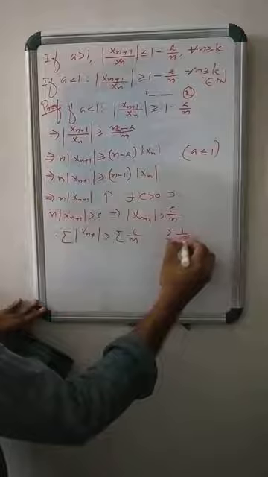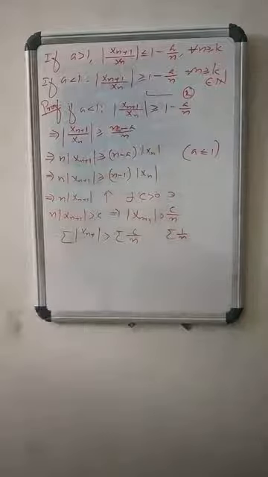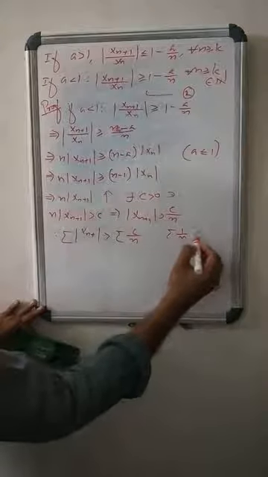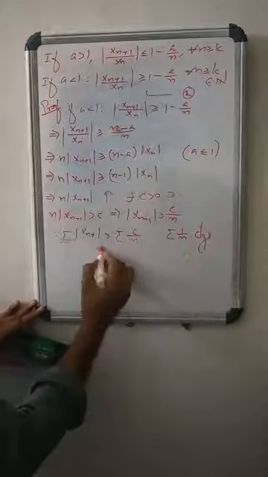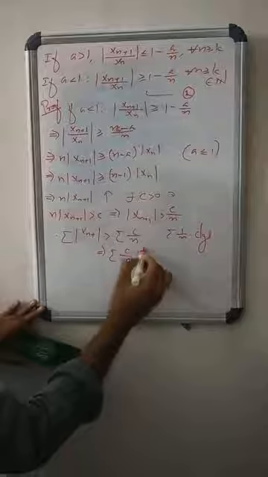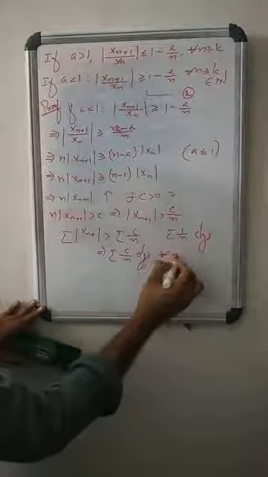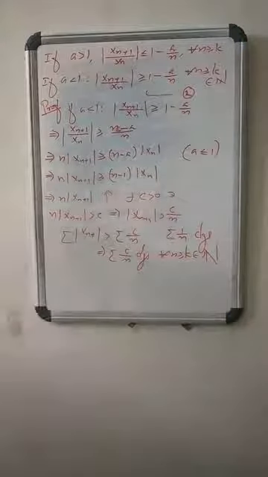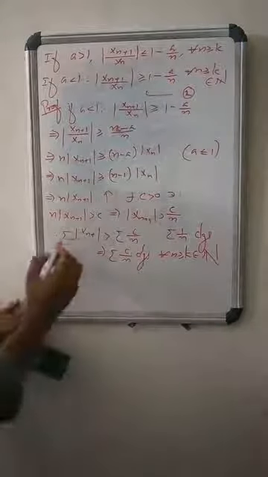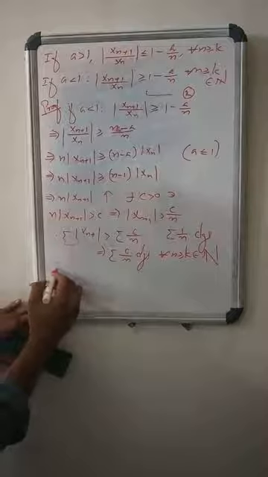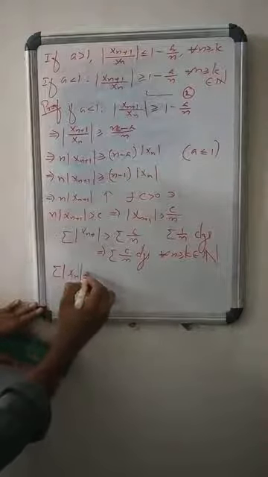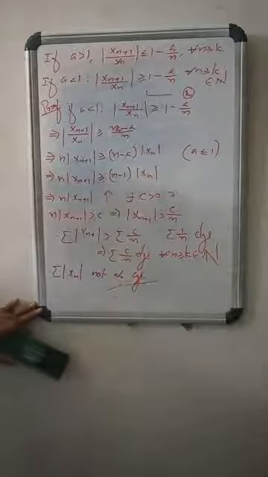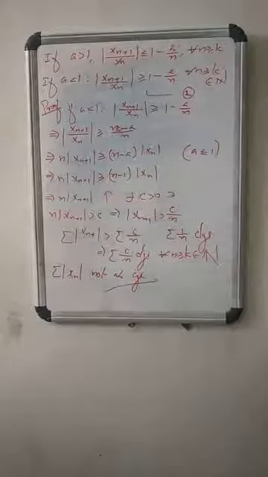We know that sigma 1 by n, being a harmonic series, always diverges. That means sigma c by n also diverges for all n greater than or equal to a particular stage k. So by the comparison test, sigma modulus of xn+1 diverges. That means sigma modulus of xn is not absolutely convergent. So this is the proof of the second part of Raabe's test.